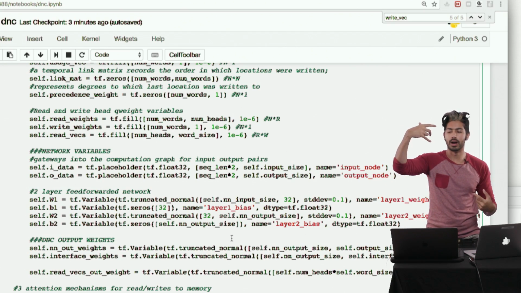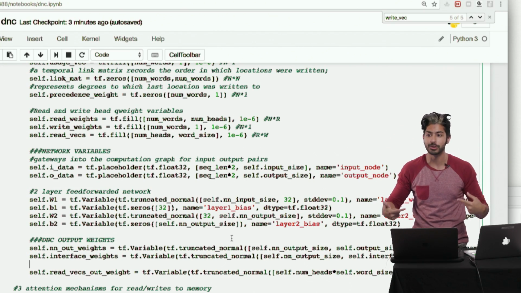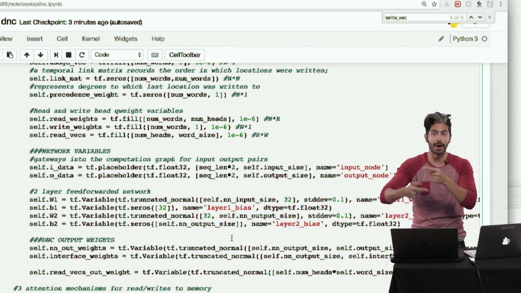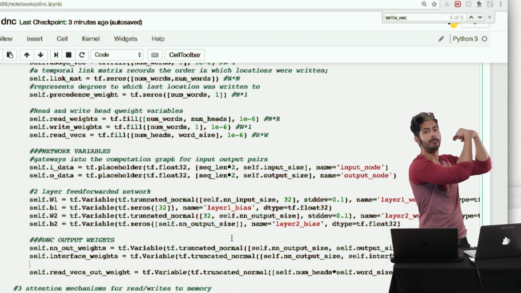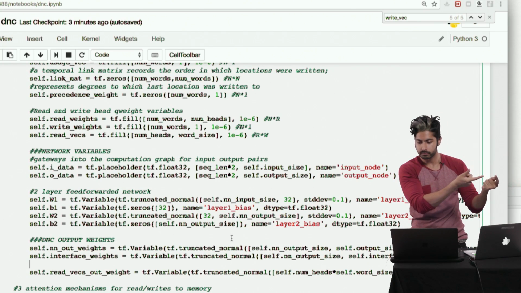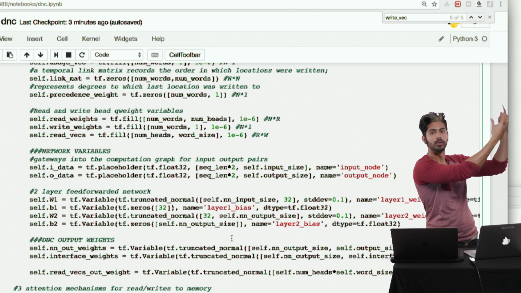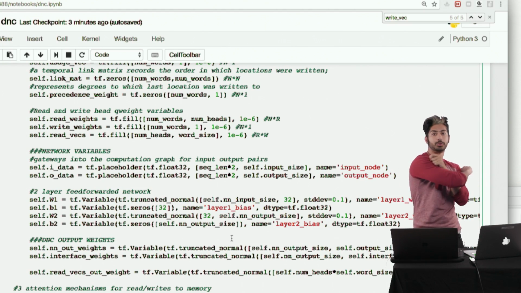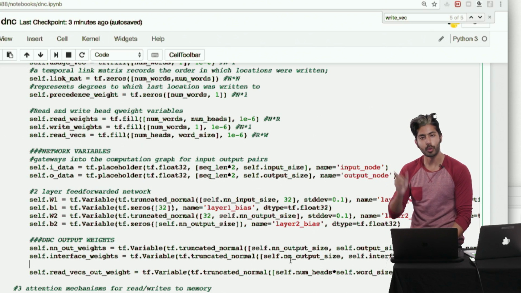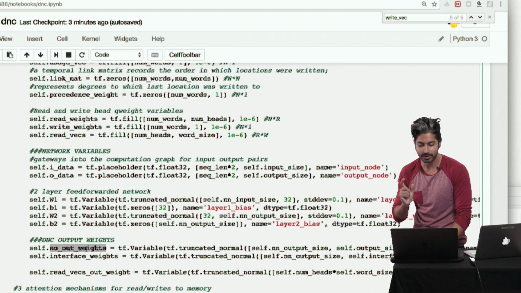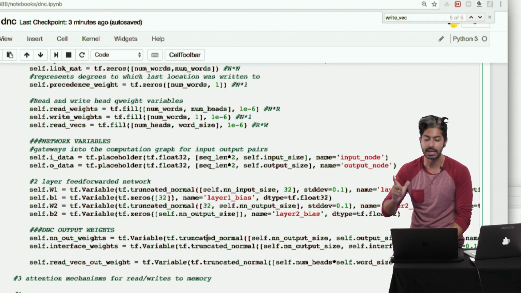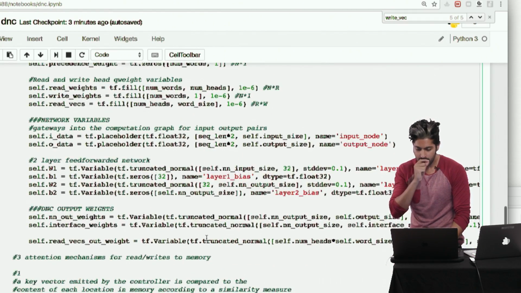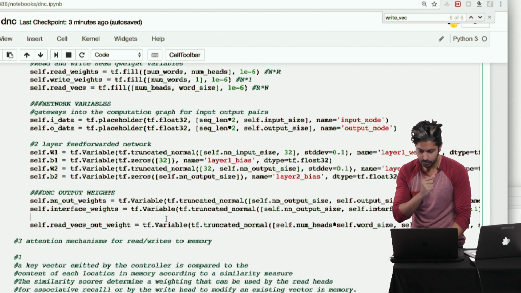We take the partial derivative with respect to not just our controller's weights, but by the weights of our outputs, our heads, our memory matrix, and our temporal link matrix. So we take the partial derivative with respect to everything. Even the outputs have weights, and we initialize them randomly using this TF truncated normal function. And then we also have a read vector's output weight.